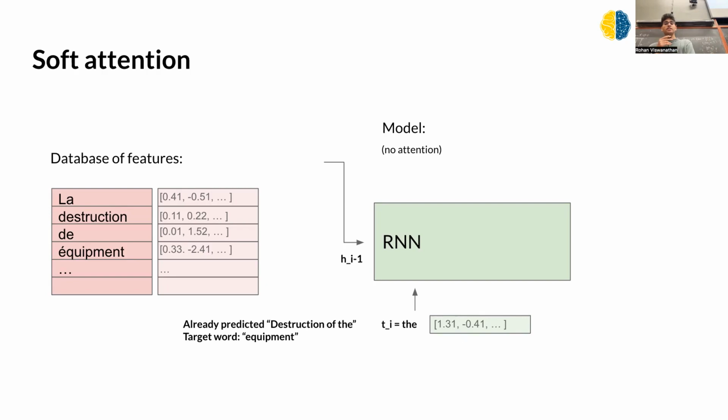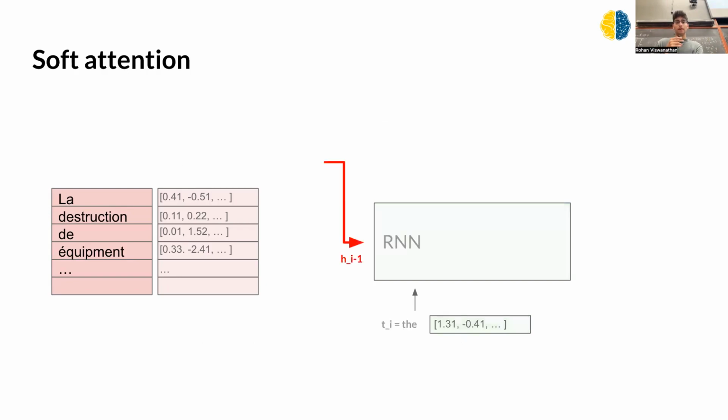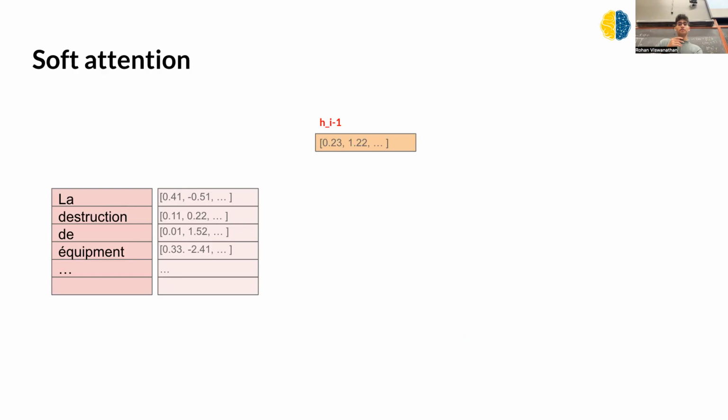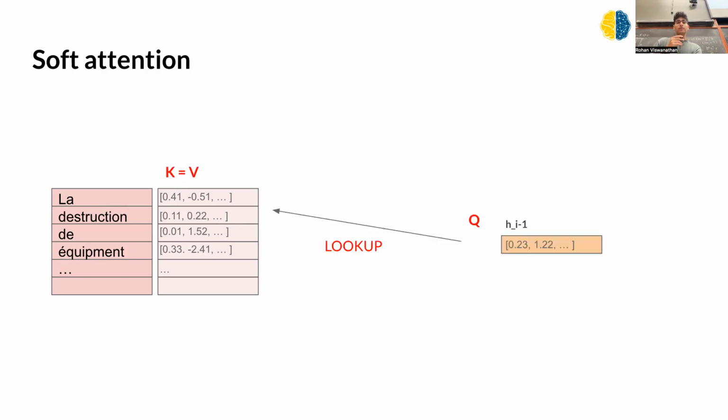This is what our RNN has spit out after some i time steps and some h_{i-1} hidden states previously. We can do this by taking this representation and doing some sort of lookup, right? We look at our hidden state from before, which is some embedding that we've generated, and we look it up in relation to our current database.